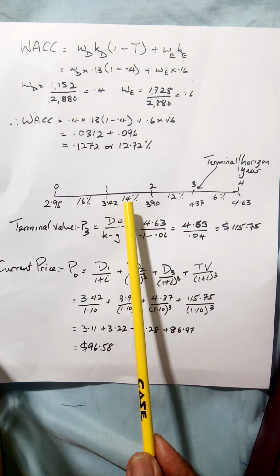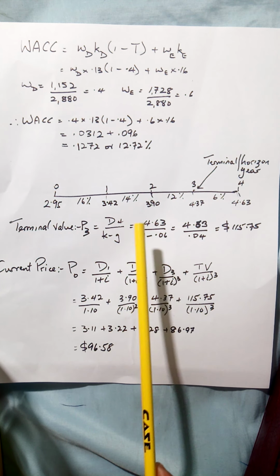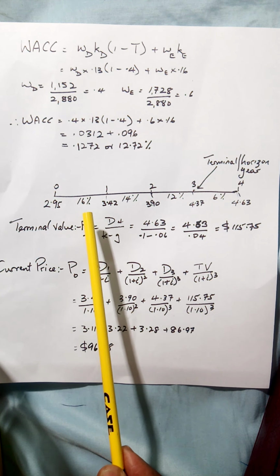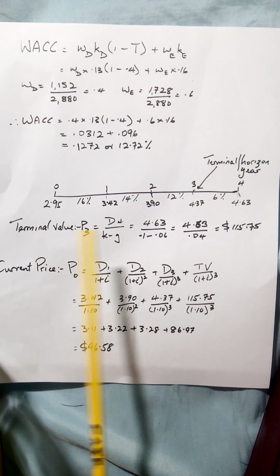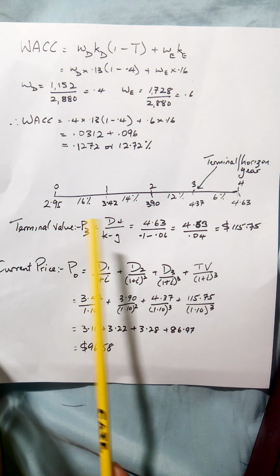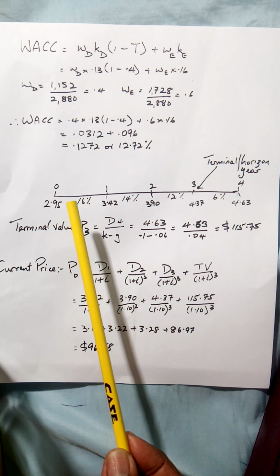The first 3 years, the growth rate was accelerated or high growth rate because the company enjoyed a comparative advantage over its competitors. So it could charge a little more for its products and would make a little more money.